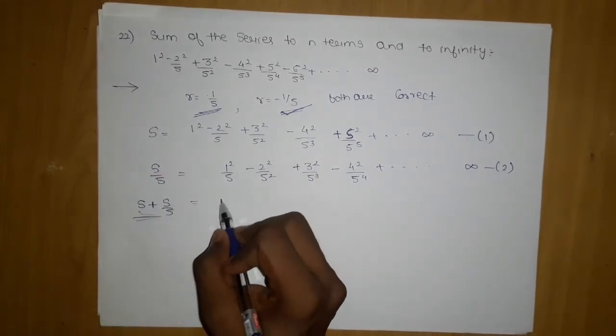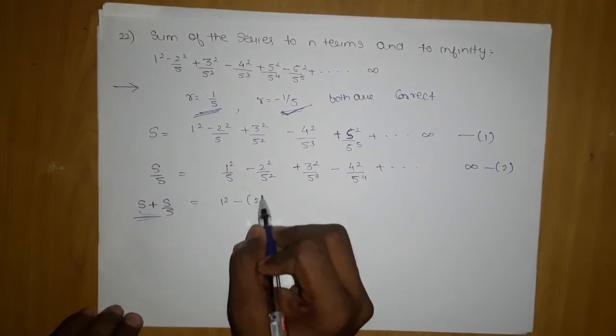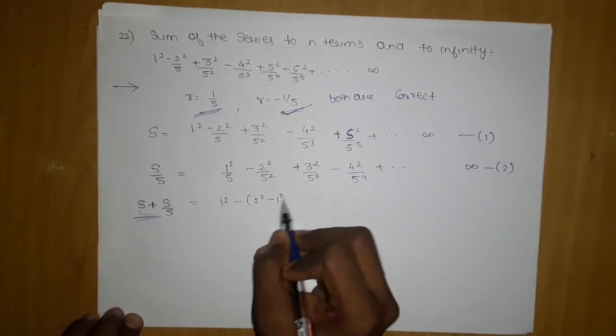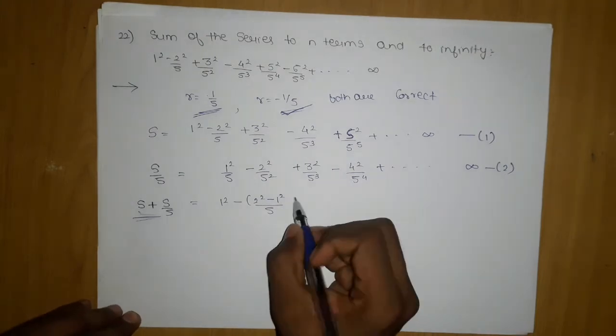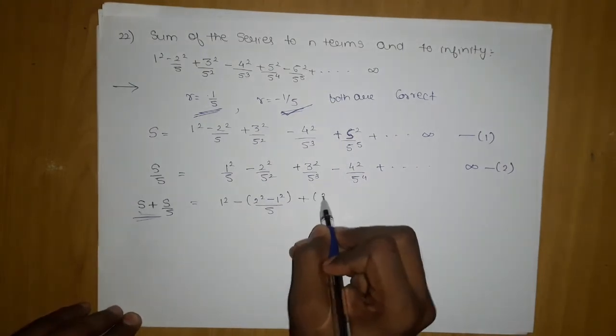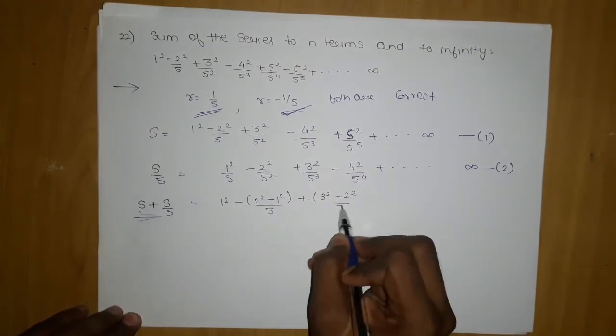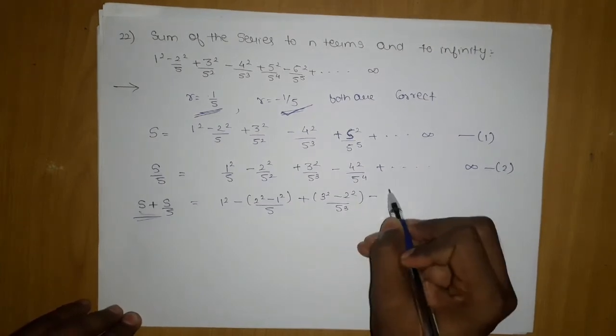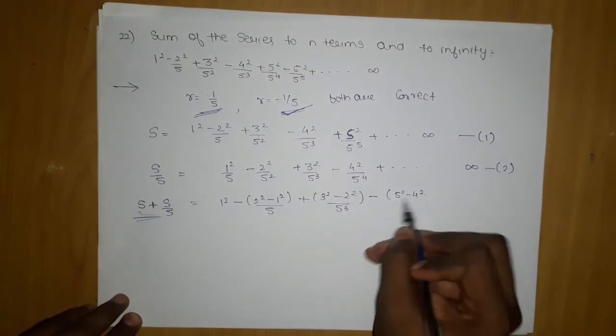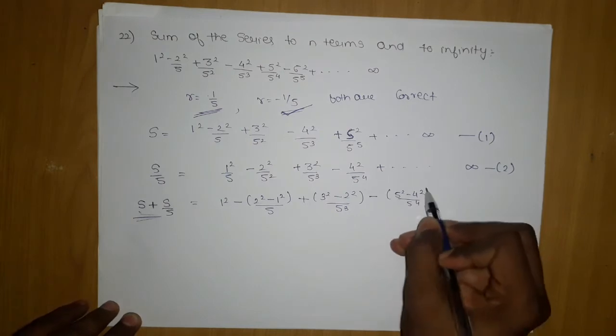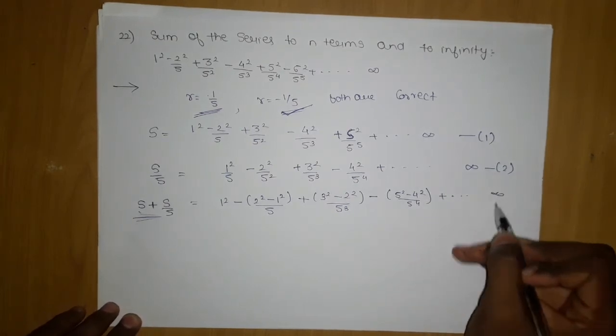Now what will happen here, you will get this. Here we will take 2 square common, minus common, giving me 1 square upon 5. So this is the thing: 3 square minus 2 square upon 5 cube, minus 5 square minus 4 square upon 5 power 4 and so on till infinity.